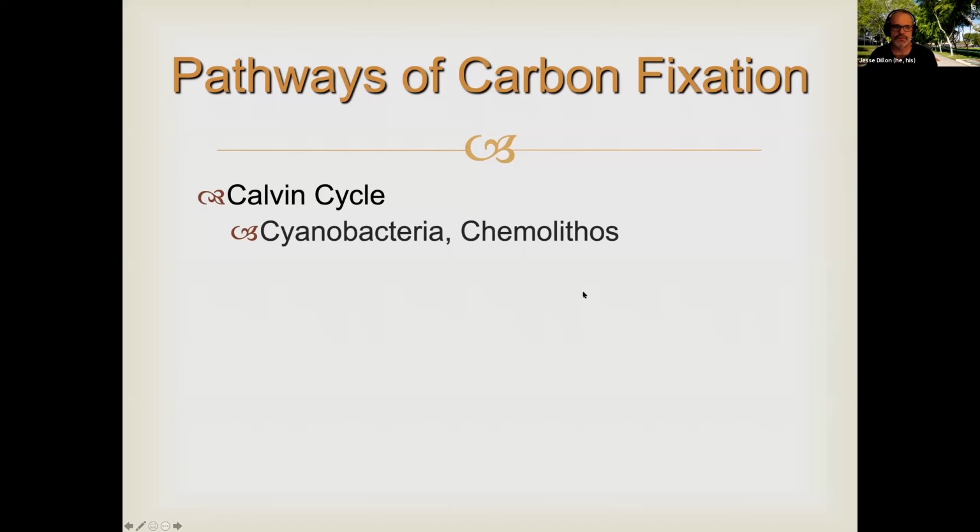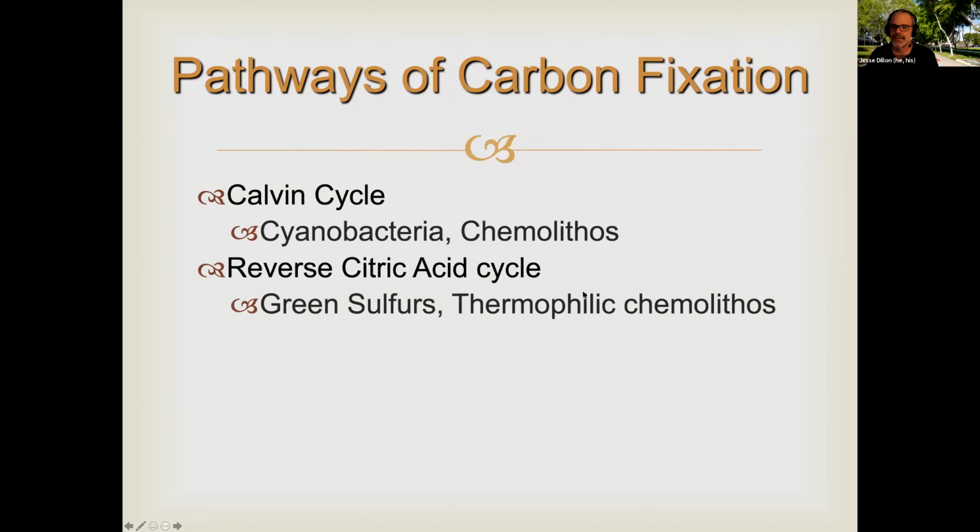There are some chemolithoautotrophs that use the Calvin cycle, but there are others that use something called the reverse citric acid cycle. So when you learned about metabolism, you learned about the Krebs cycle or the so-called TCA cycle, right? So it turns out that some microbes can run this cycle in reverse.